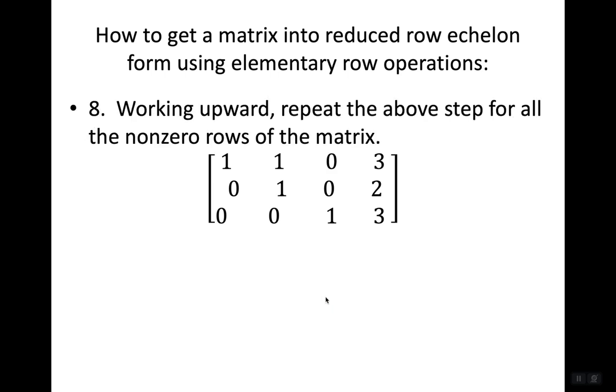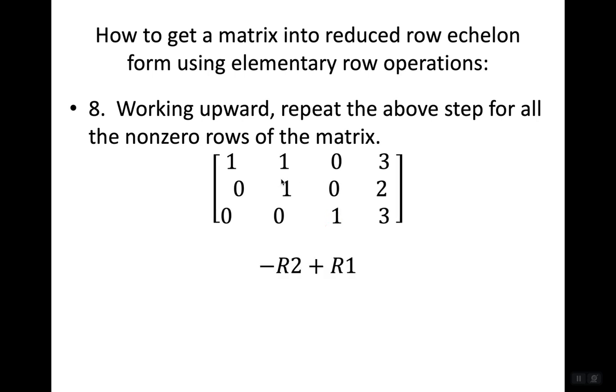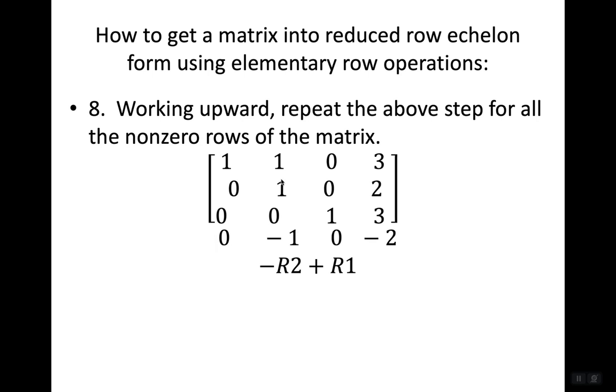Working upward, repeat the above step for all the non-zero rows of the matrix. So we've used this one to kill off the entries above it. Now let's use this one to kill off the entries above it. So we need to add the opposite of row 2 to row 1. This is what the opposite of row 2 looks like: 0, negative 1, 0, negative 2. Add it to row 1.